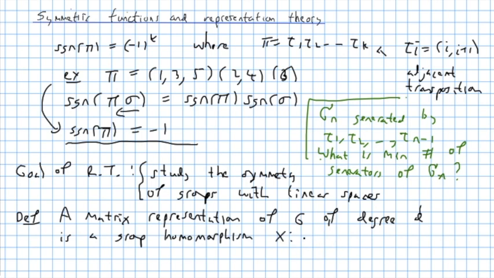From the group to GL_D. So what's GL_D? This is the set of D by D invertible matrices with entries in C.